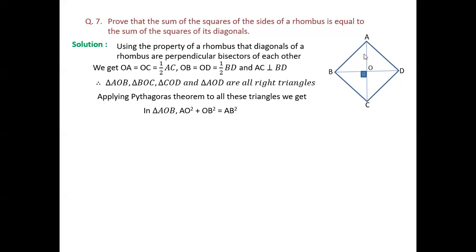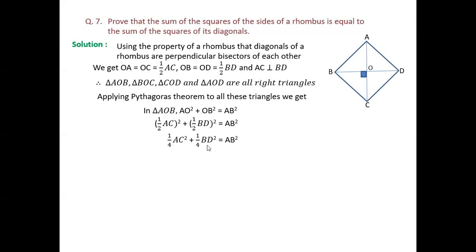AO square plus OB square is equal to AB square. AO is half AC, and OB is half BD. So half AC square plus half BD square is equal to AB square. You take the square of this number, it becomes 1 by 4 AC square plus 1 by 4 BD square is equal to AB square.